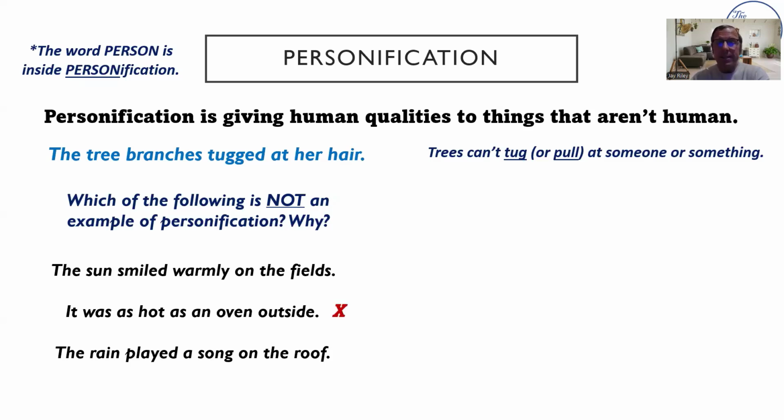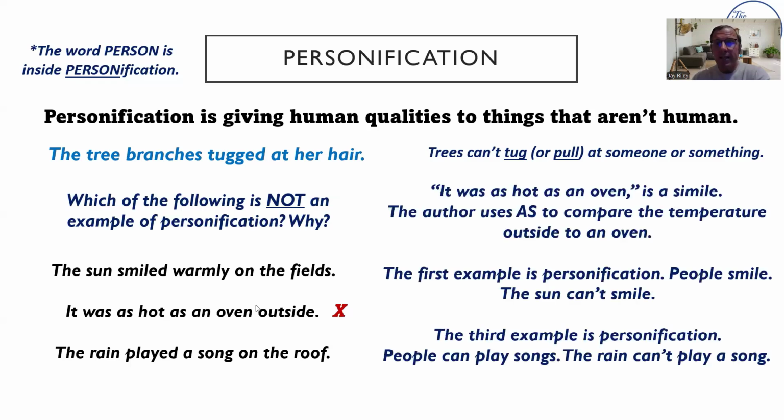In the first sentence, the sun is smiling. I know that people smile, the sun can't smile. And the rain played a song on the roof. Only people can play songs. The rain can't play a song. The second sentence is a simile. The author is comparing the weather outside to an oven.